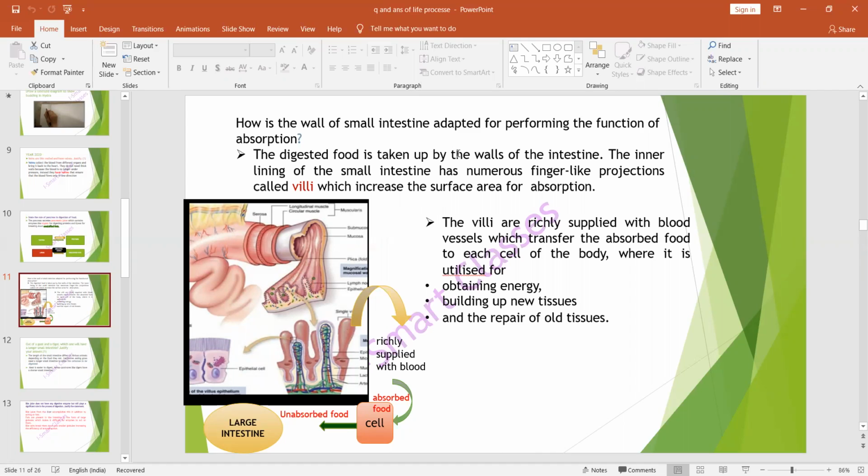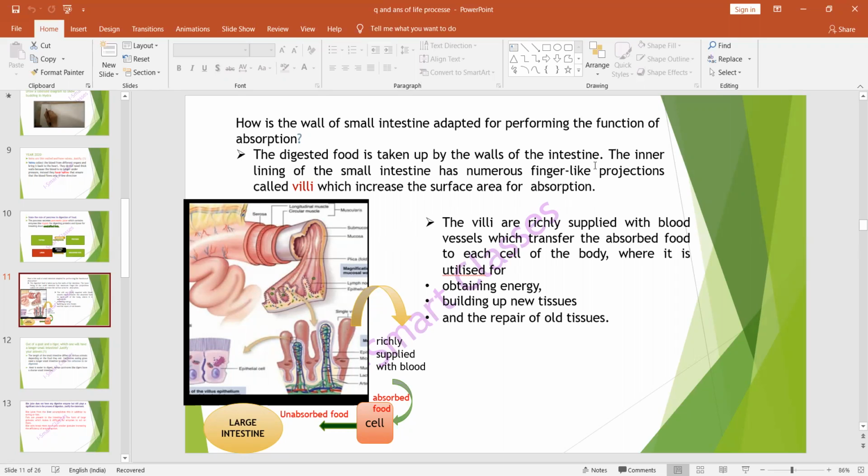The digested food is taken up by the walls of intestine. So when the food is digested, it is taken up by the walls of intestine. The inner lining of the small intestine has finger-like projections. In the first point, we have to write that the digested food is taken up by the walls of intestine and the inner lining.